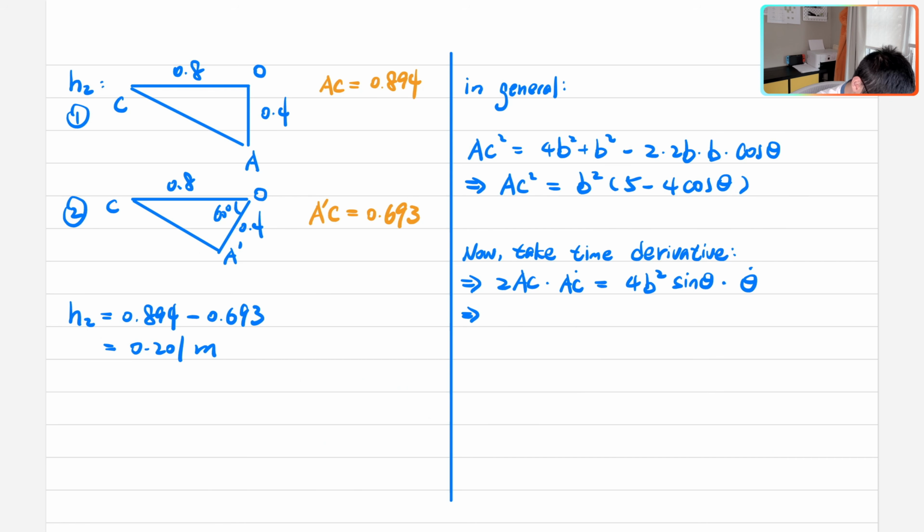Recognize that your AC dot is the same as the velocity V2, right? That's how fast the length connecting to the weight number 2, m2, on the left-hand side changes. The length derivative is the velocity of the weight. At the same time, your theta dot is the omega of the bar.